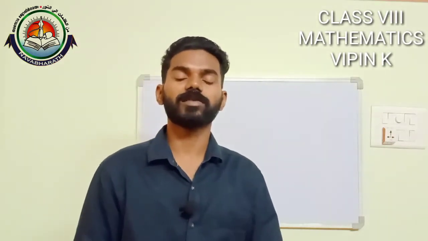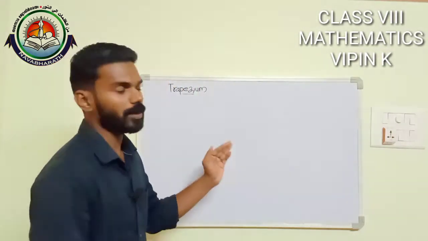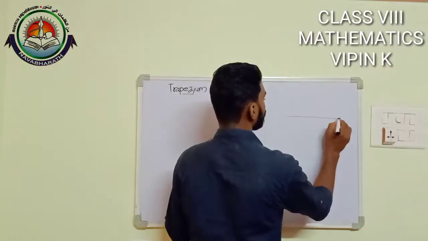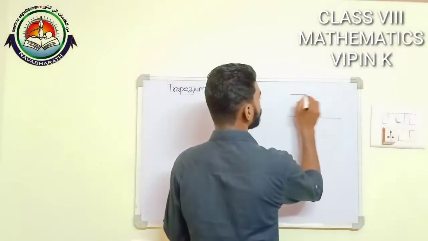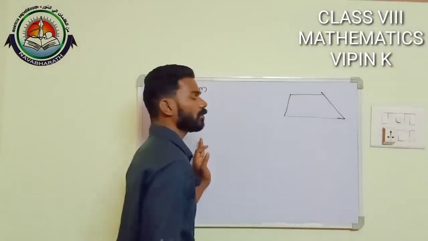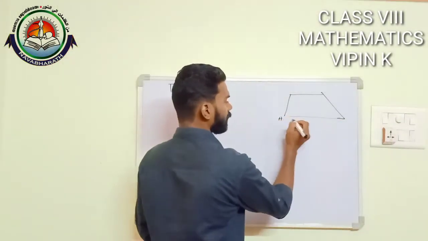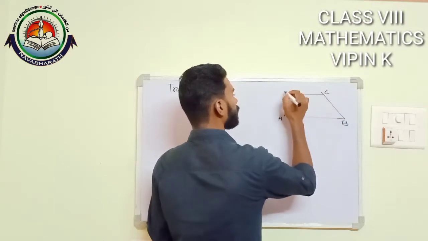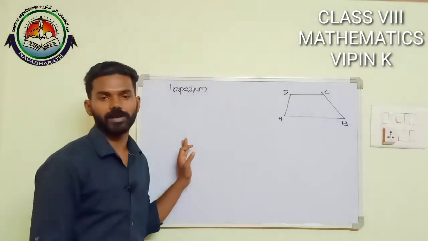Okay, let's begin with a trapezium. I'm going to draw a trapezium here. So, this quadrilateral ABCD is a trapezium.